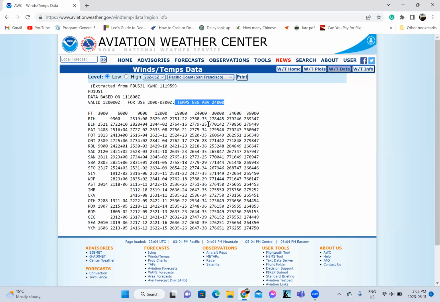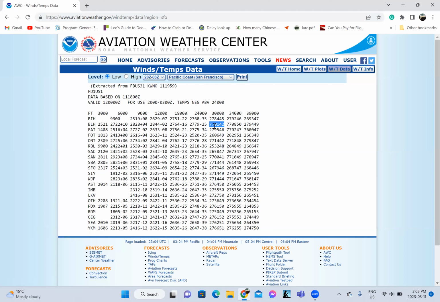Some key numbers we have to remember are these ones where we have a 77 for heading. As soon as you see anything abnormal like this, a heading of 77, which would be 770, which makes no sense, it means that we have a wind speed in excess of 100 knots.